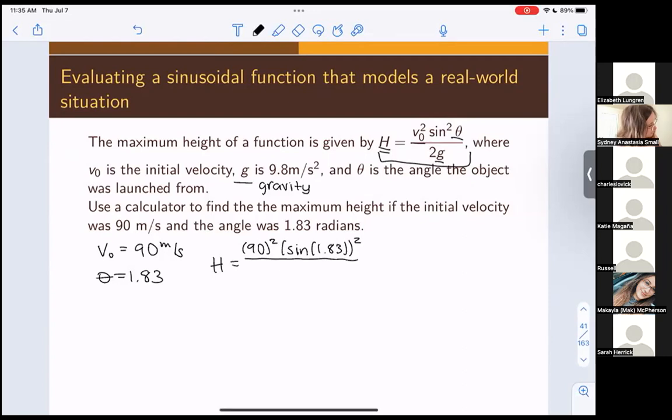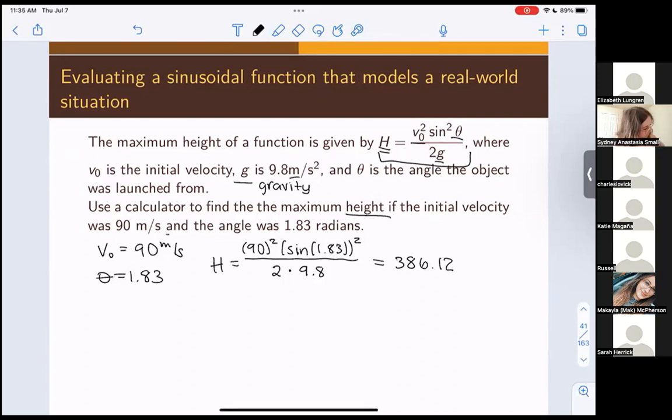And then divided by 2 times g, which is always 9.8. I have all the numbers I need, so I can just plug this into my calculator to get that it is 386.12.